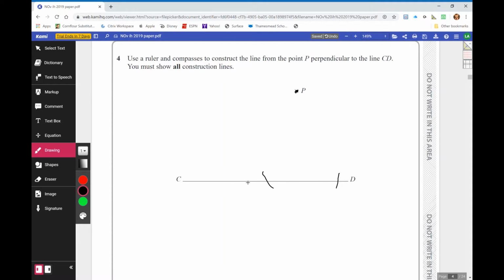And once you've got those 2 lines, you then move your compass point to these points here, 1 and 2. So what you've got here, you've got 2 points which are equal distance from P, and you'll be bisecting this line here. You sort of pretend that this is the new line.